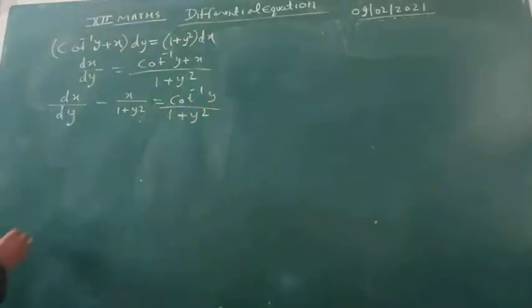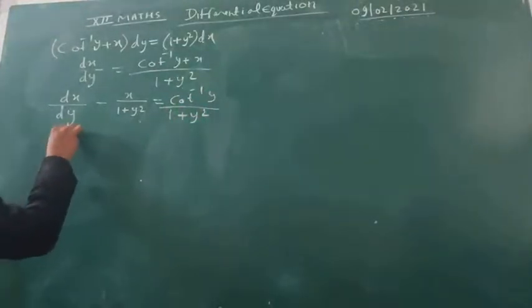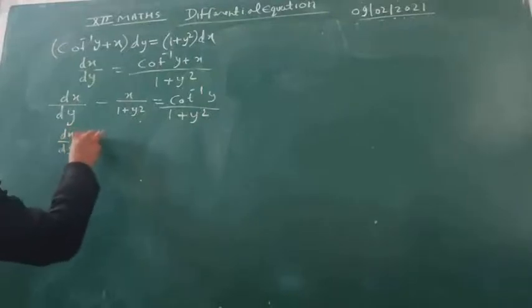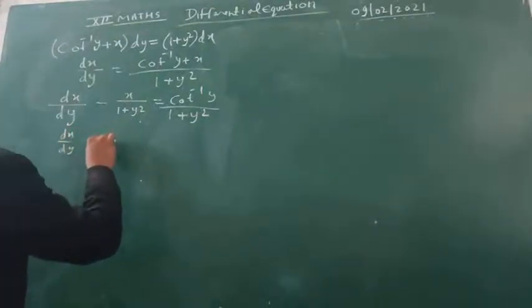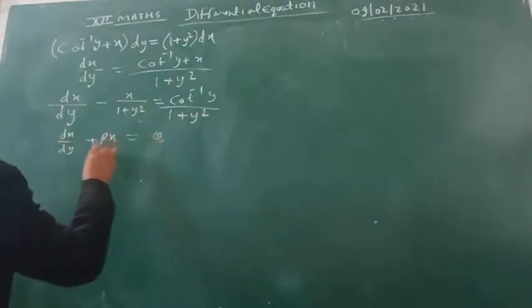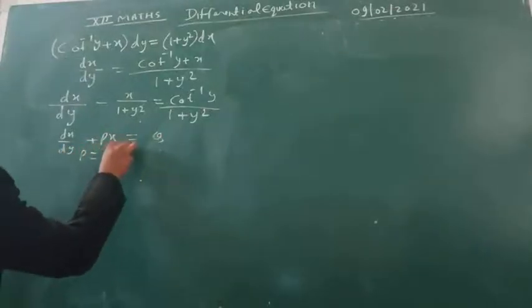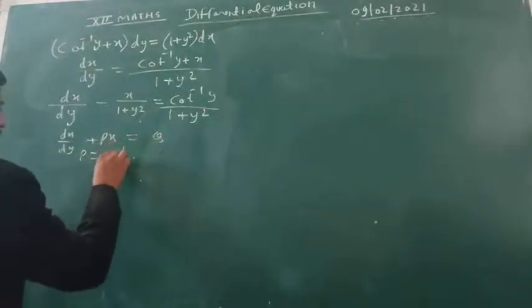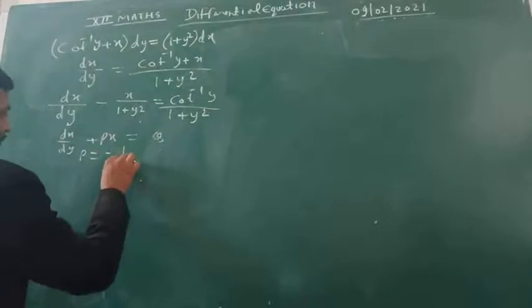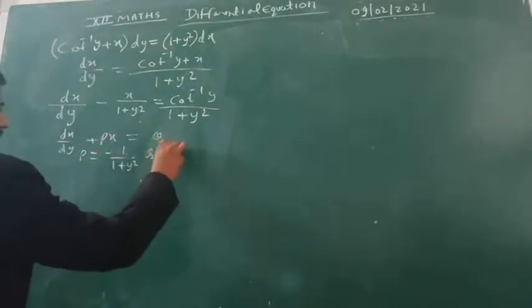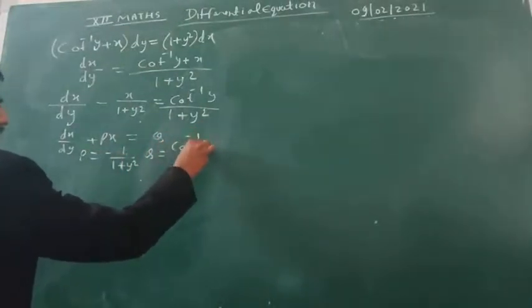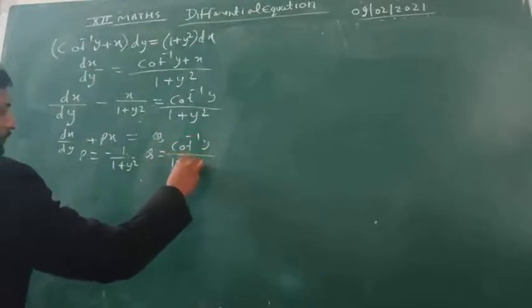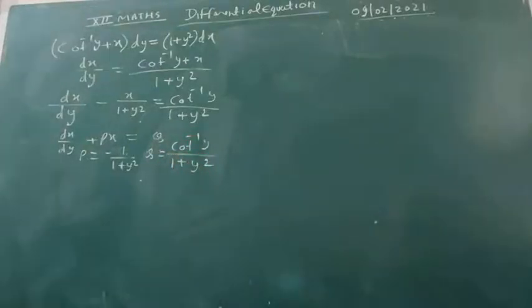Okay students, when we compare this with dx by dy plus Px is equal to Q, P is minus 1 by (1 plus y square), and Q is cot inverse y by (1 plus y square).